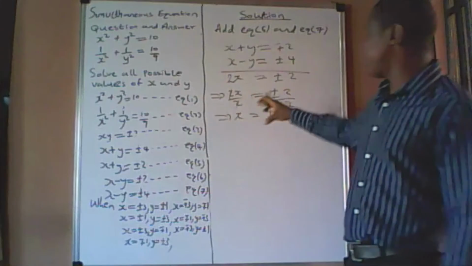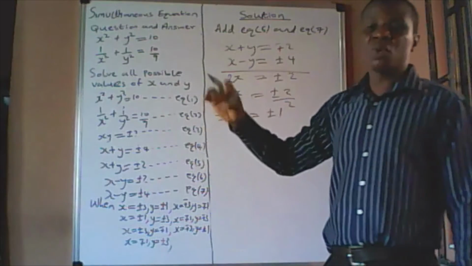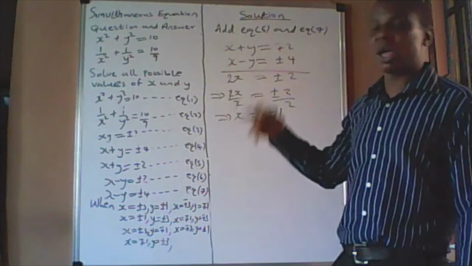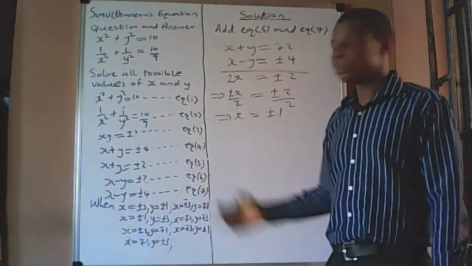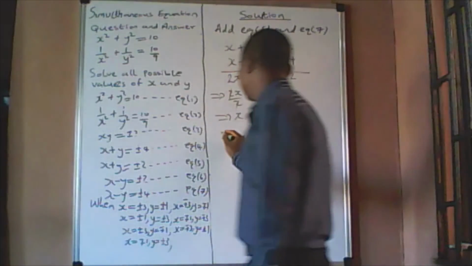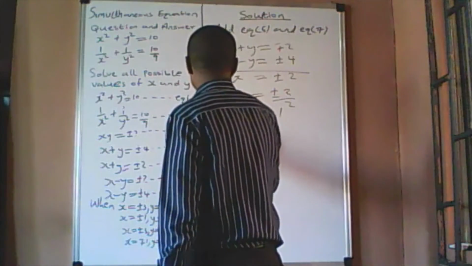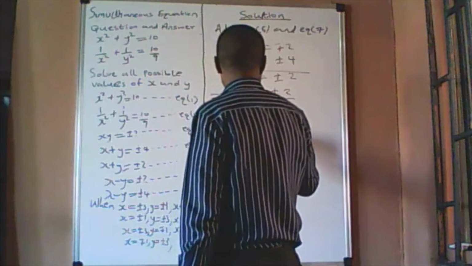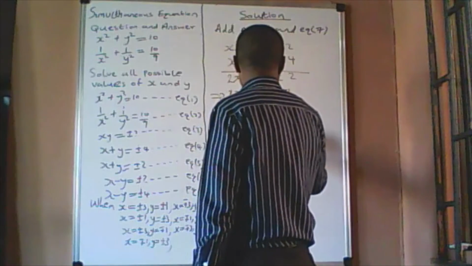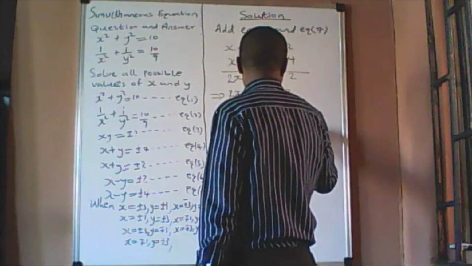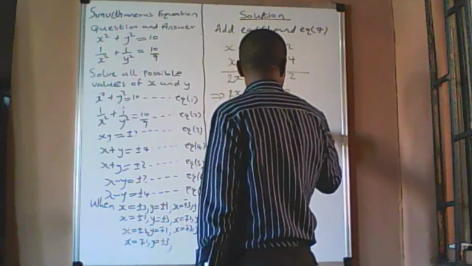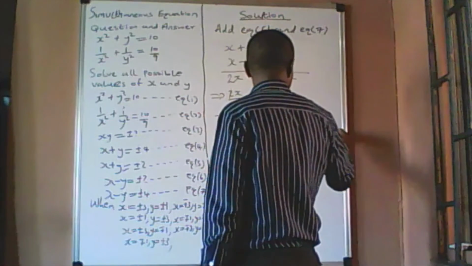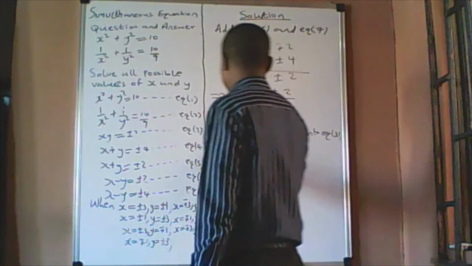Remember that we consider equation 3 to be x times y equal to minus 3. Substitute x equal to plus or minus 1 into equation 3.